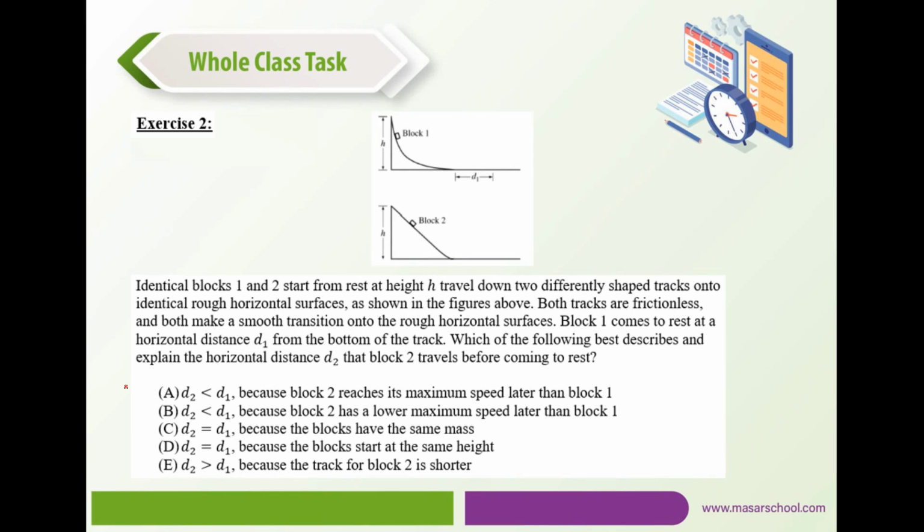Exercise 2. Identical blocks 1 and 2 start from rest at a height h, and travel down two differently shaped tracks on identical rough horizontal surfaces as shown in the figures above. Both tracks are frictionless and both make a smooth transition onto a horizontal rough surface.